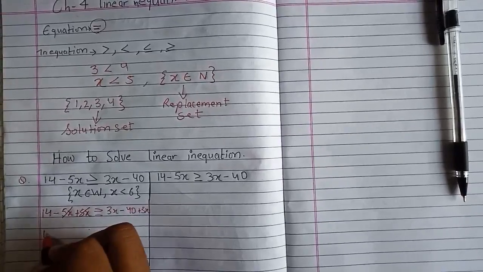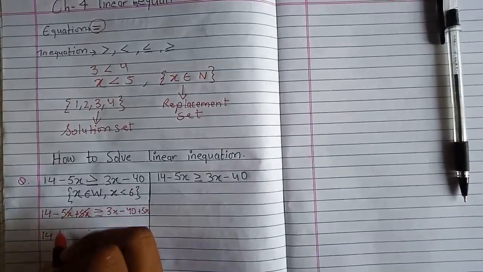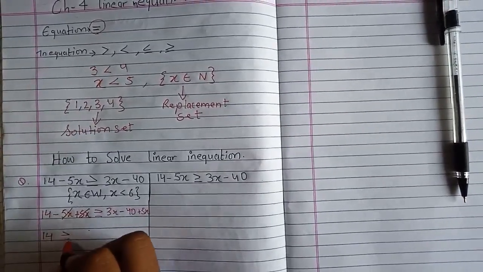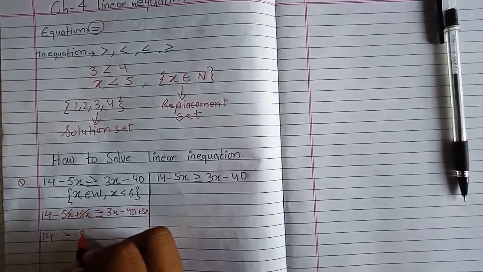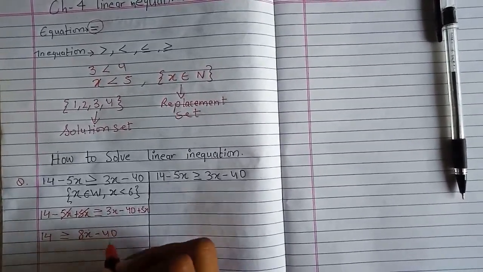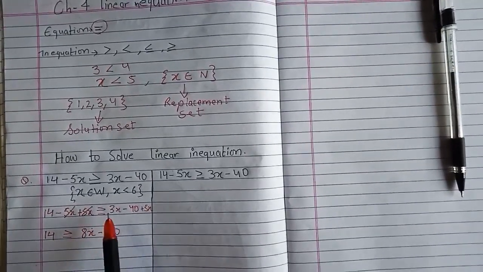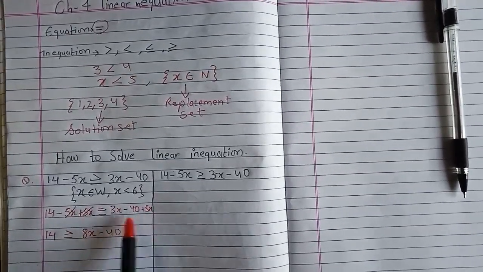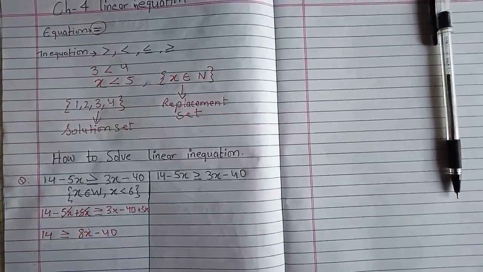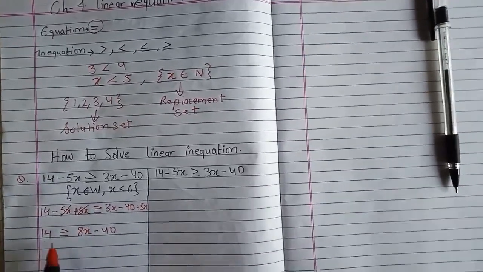What is left with me? 14 is greater than or equal to 8x minus 40. You can see that 3x and 5x are like terms, so I added both of them and got 8x minus 40.